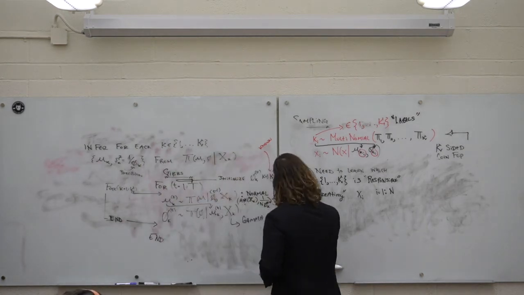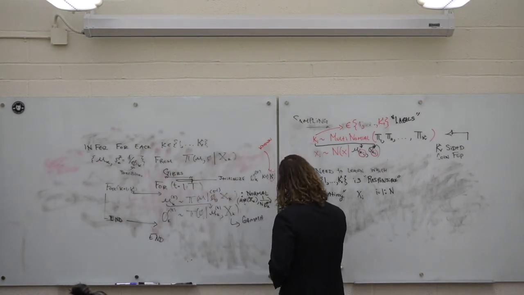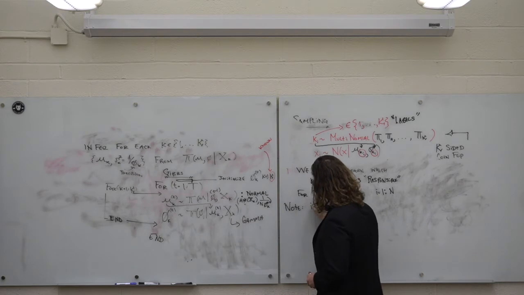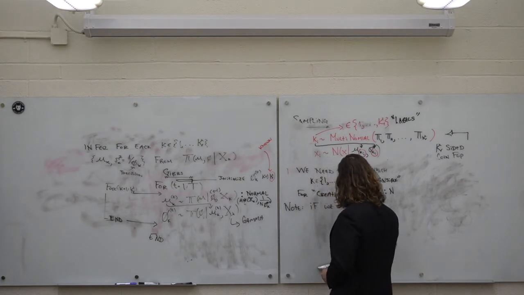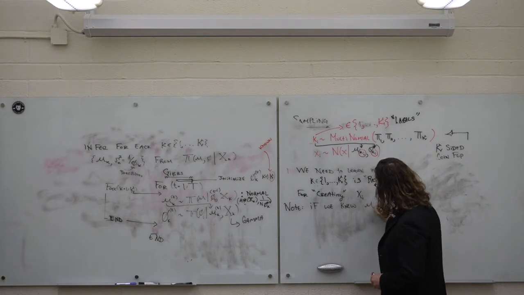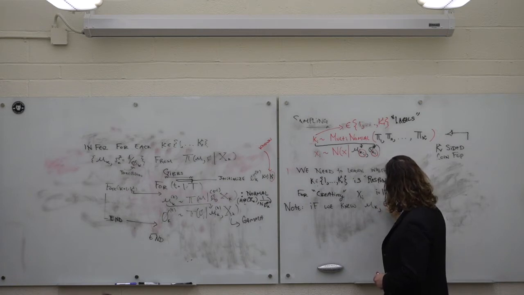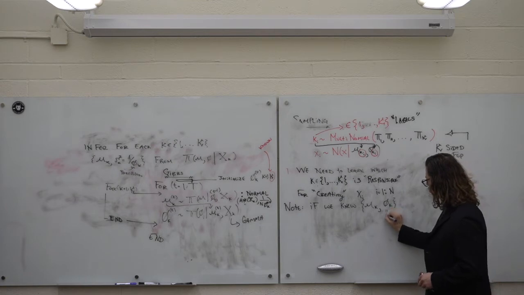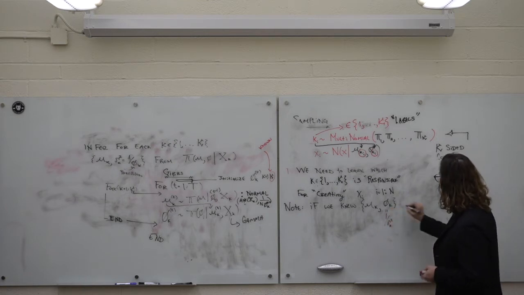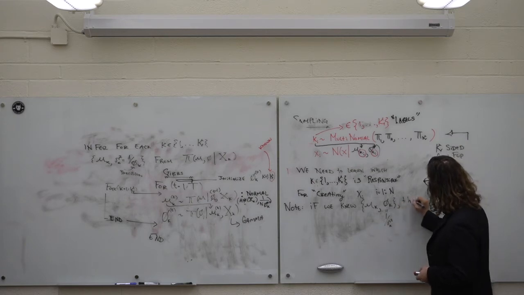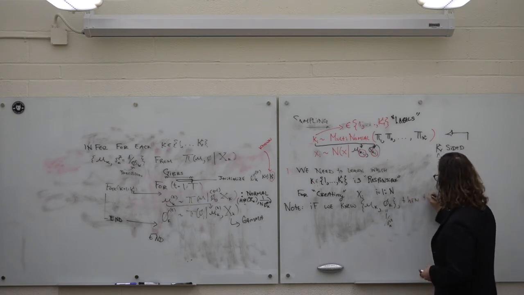So, I'll make a note. If we knew the mu k's and phi k, which is 1 over sigma squared k, then this would be straightforward.